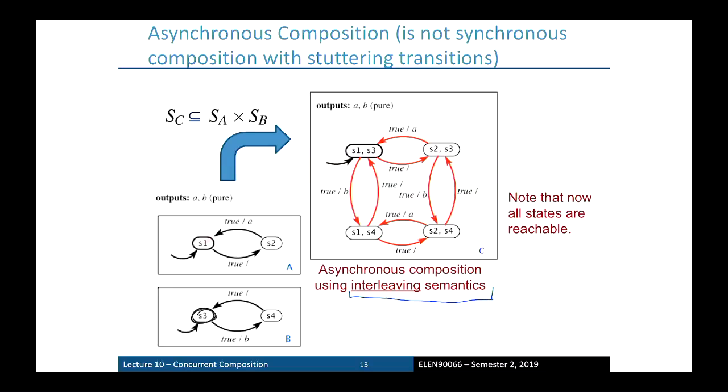So in other words, we're not going to get a transition from S1, S3 to S2, S4, okay? So there is no direct transition this way. Interleaving means it's one or the other. It has to be A or B or A, right? It cannot be both at the same time. That's okay, we can allow that. So they're not allowed to simultaneously react.